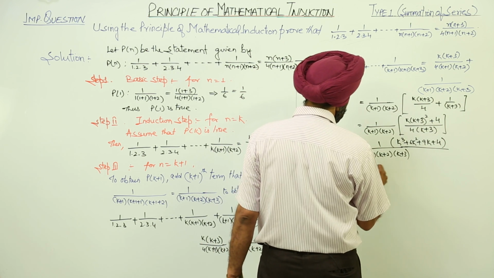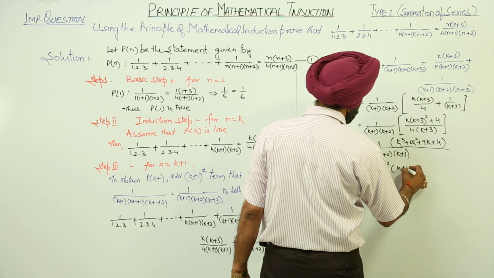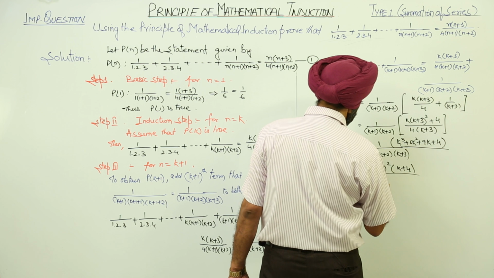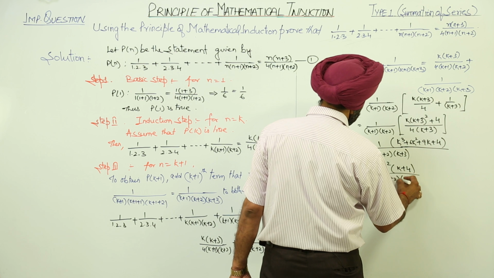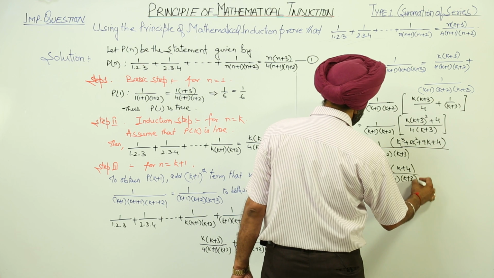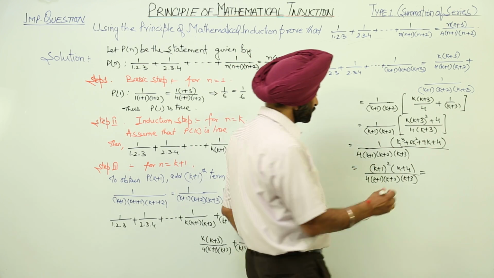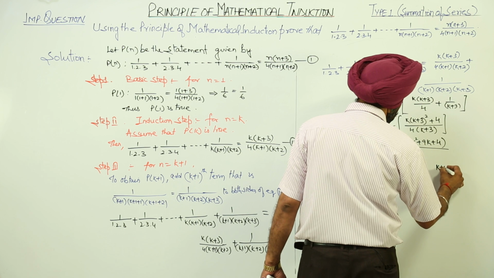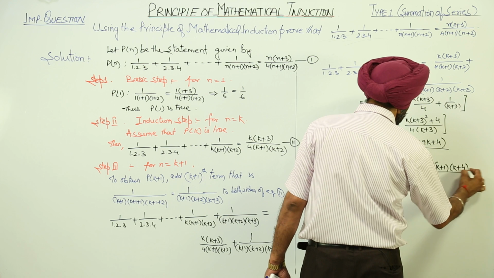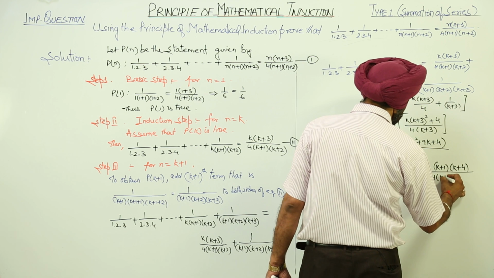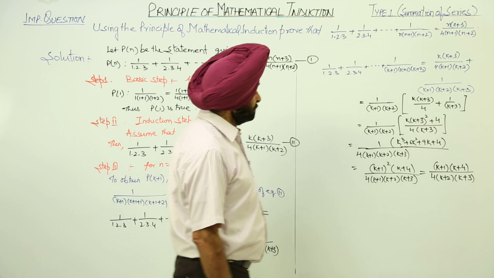Now, this becomes k plus 1 whole square after using the hit and trial method, and 4 with k plus 1, k plus 2, k plus 3. Now, this is equal to, k plus 1 whole square and k plus 1, this cancels. So, we are having k plus 1 with k plus 4 upon 4 times k plus 2 with k plus 3.